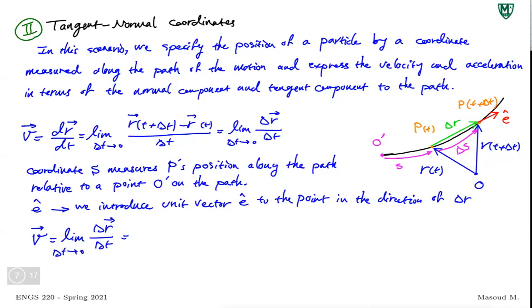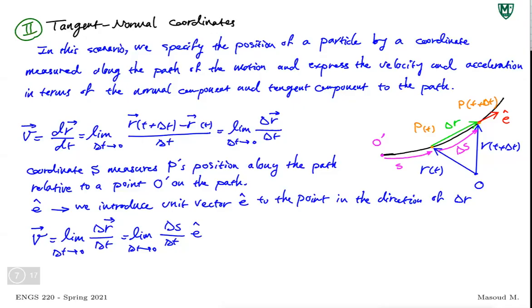So I can write this as limit of delta S over delta T when delta T goes to 0. Well, delta S is a magnitude, so I have to introduce E here to give it a sense of a vector.